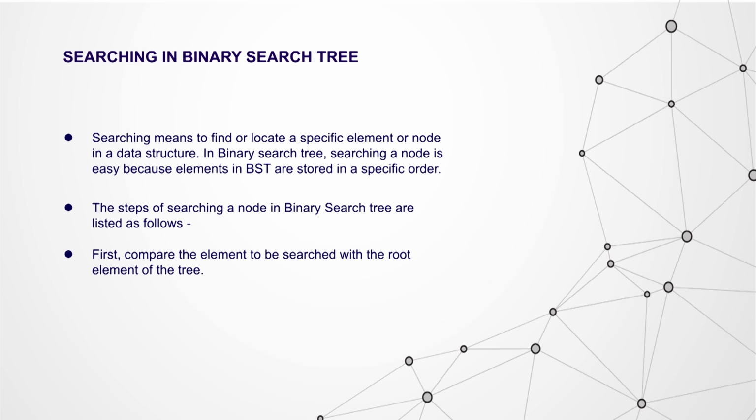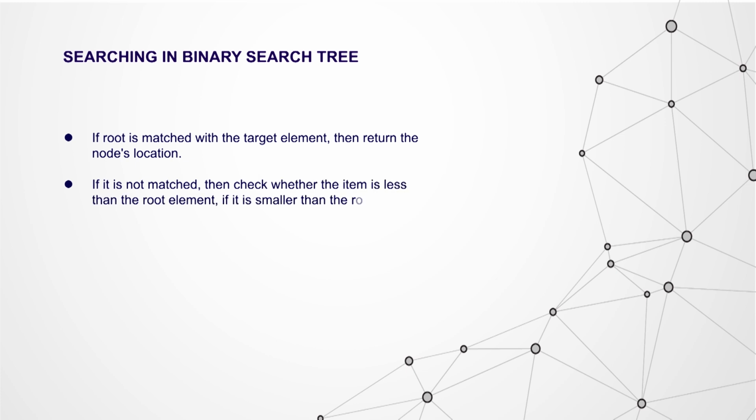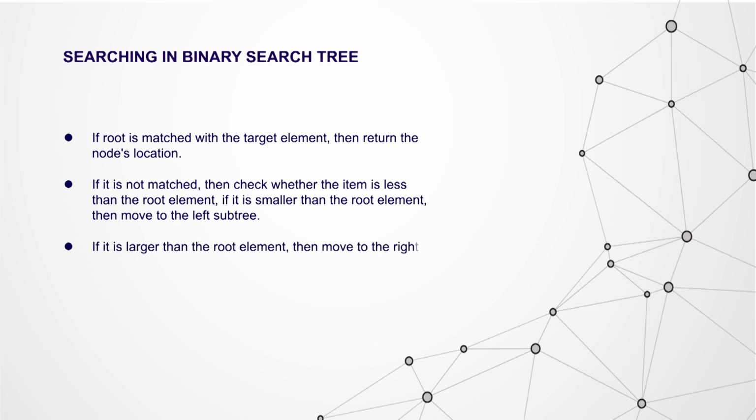Number 1, first compare the element to be searched with the root element of the tree. If the root matches the target element, then return the node's location. If it is not matched, then check whether the item is less than the root element.